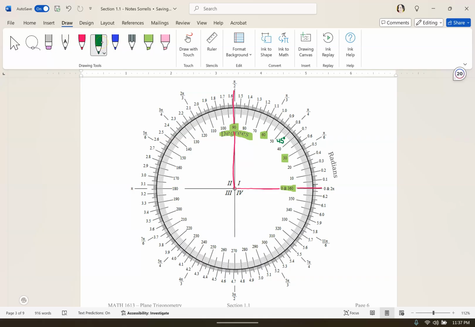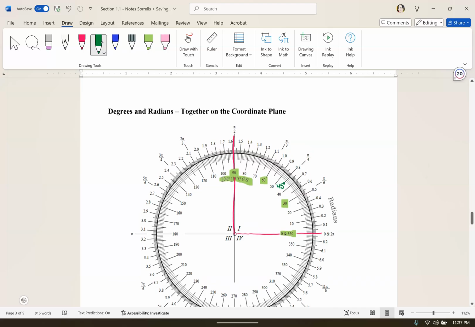And you might be asking why. I don't know if you can remember back to when you had geometry, but there were those special triangles: 30, 60, 90, and there was a 45, 45, 90 degree triangle.